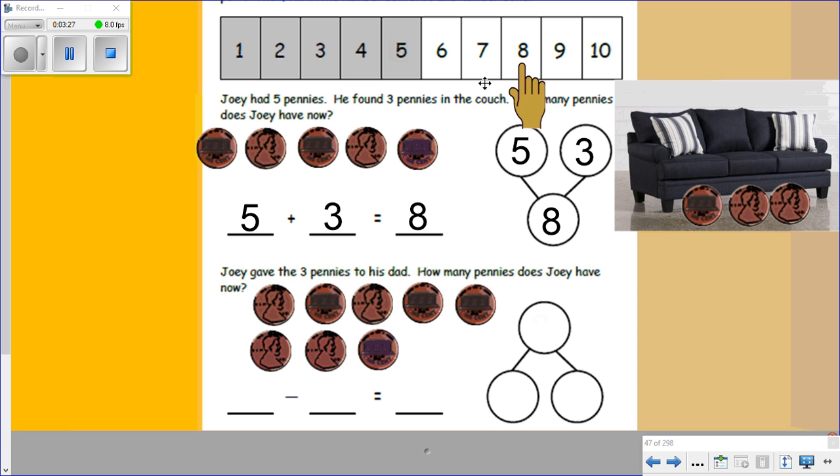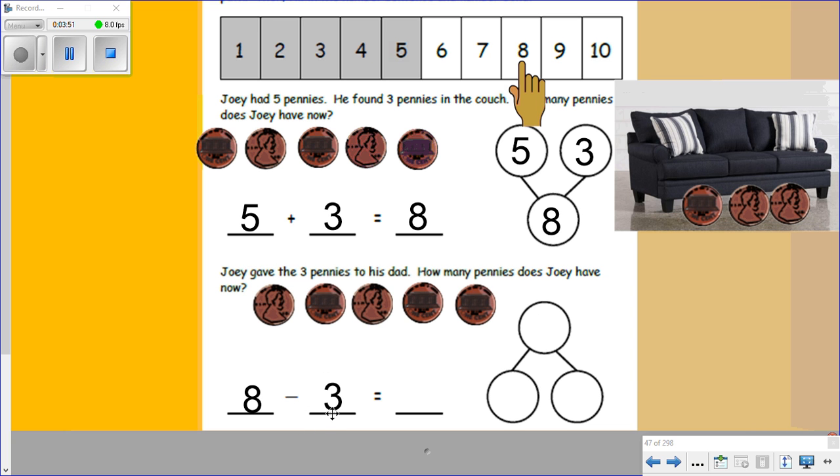The 8 pennies from before, and we're still there at our number line at the number 8. So he has 8 pennies to start, minus 3 pennies he gave to his dad. So let's give those pennies to his dad. 1, 2, 3. 3 pennies to his dad.